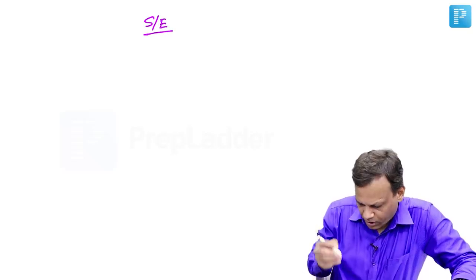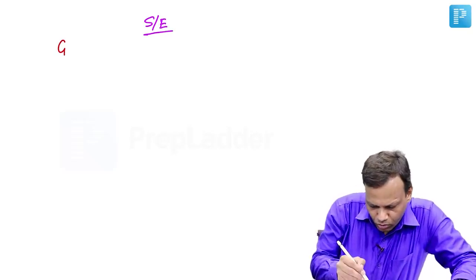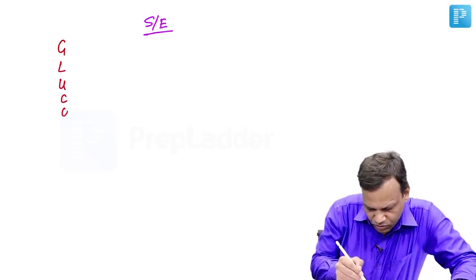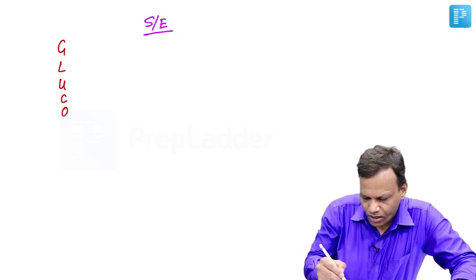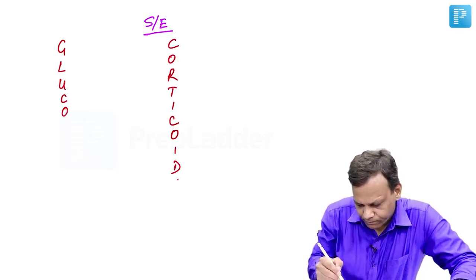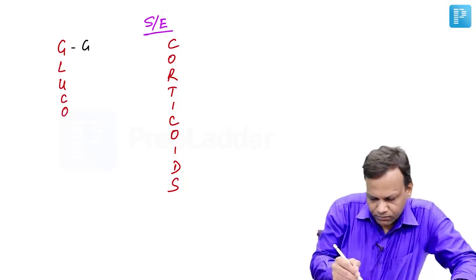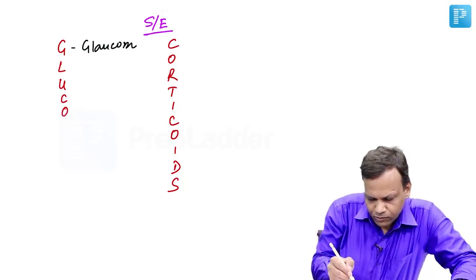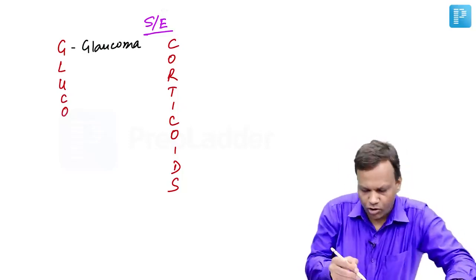The main problem in glucocorticoids, or we can say side effects of glucocorticoids, you can remember from the mnemonic GLUCOCORTICOIDS. So glaucoma: glucocorticoid eye drops lead to glaucoma.